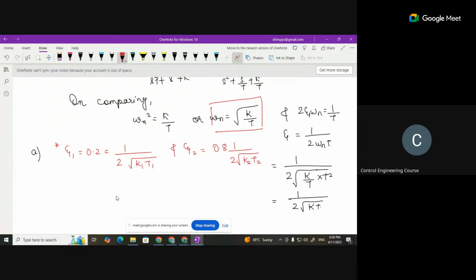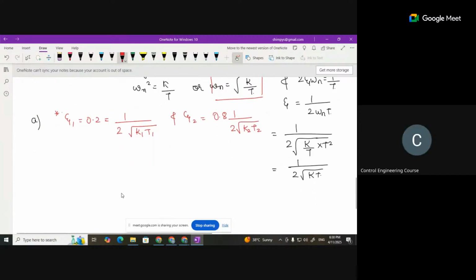Here T is going to be equal, only the zeta and K values are changing, so I can write that T1 is equal to T2.